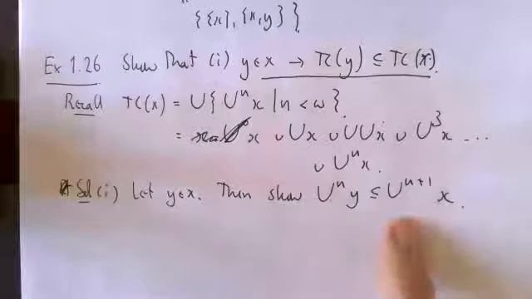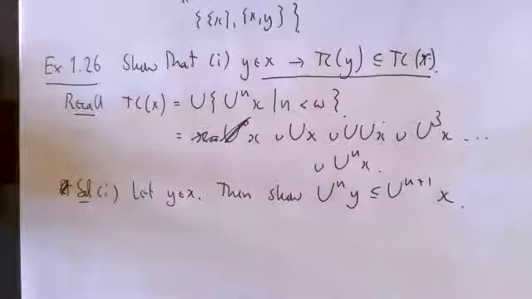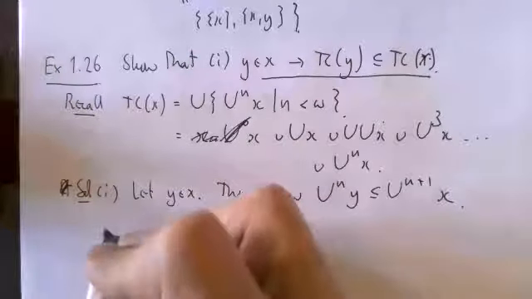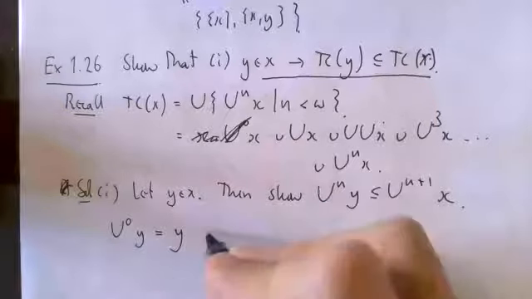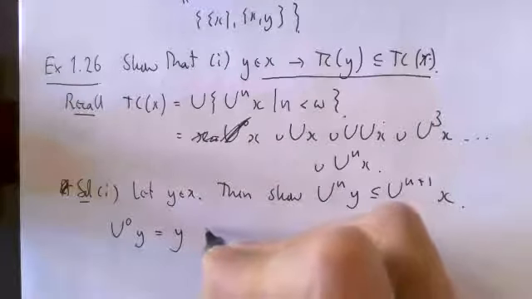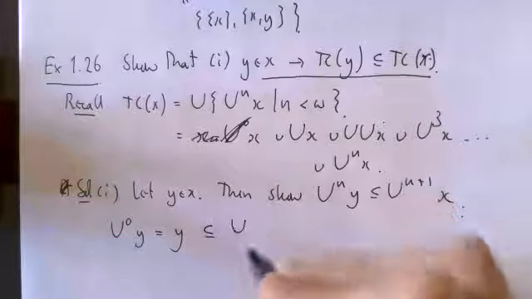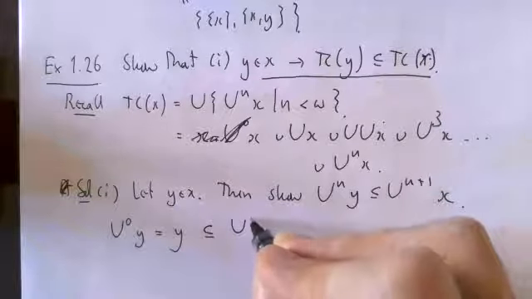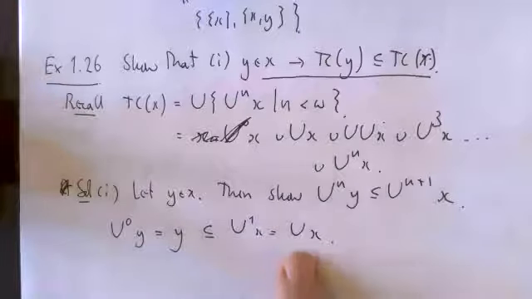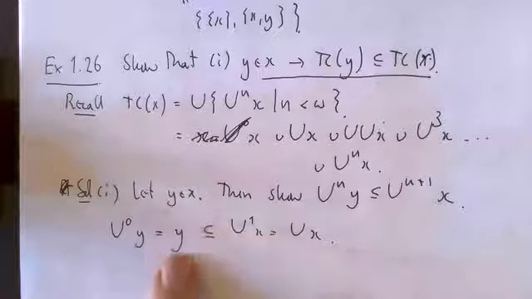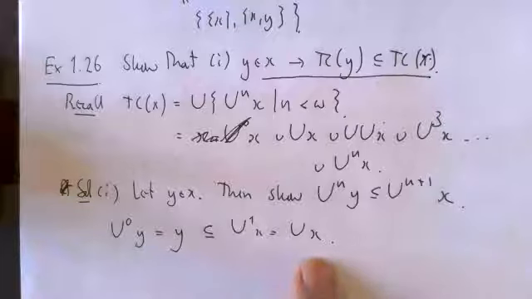And it's really just about what the definition of the big U is doing here. Well, U0 of y is just y, and that is contained in U1 of x. This is elements of x. Here's an element of x, so all of its elements are in there.